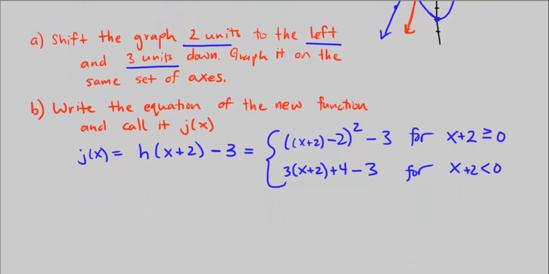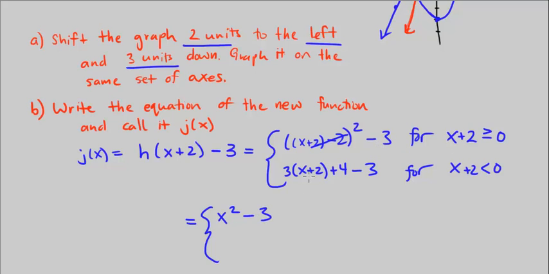Okay? So let's go ahead and simplify this, because this is our equation. It's a piecewise function. Here, we can go ahead and remove the parentheses because it's just addition, and then we combine like terms. So x plus 2 minus 2, the plus 2 and minus 2 cancel, so we just have x left over. And that is squared, so it's just x squared minus 3.